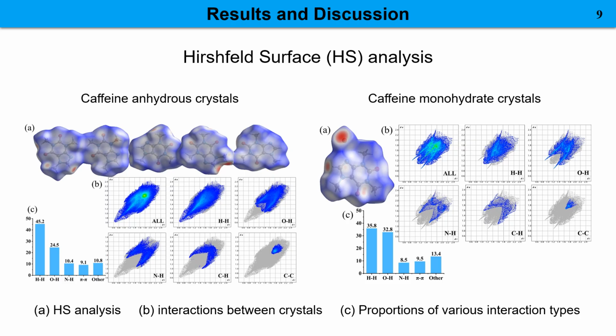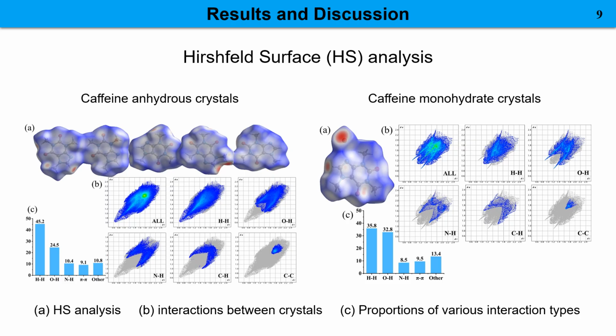Since caffeine molecules have only two polar carbonyl oxygen atoms and one 5-member nitrogen atom as hydrogen bond acceptors, but lack hydrogen bond donors, hydrogen bonds cannot form between caffeine crystals. Therefore, pi-stacking serves as the primary interaction mode between caffeine crystals.